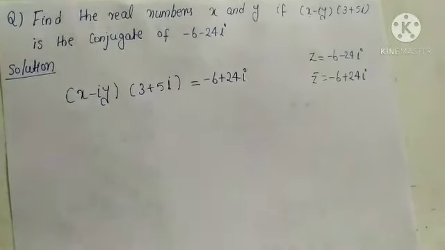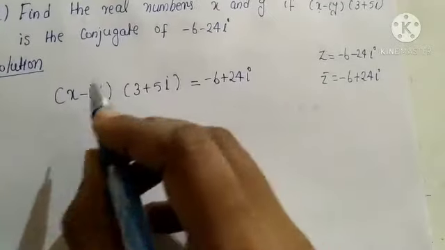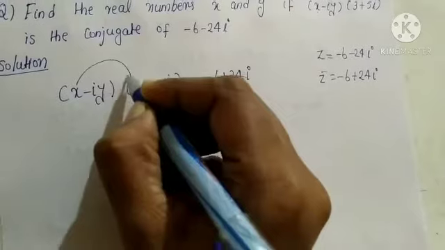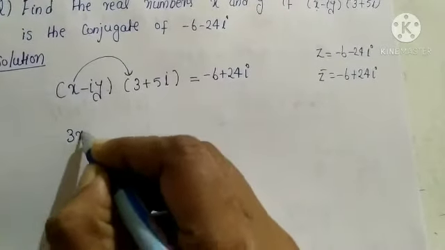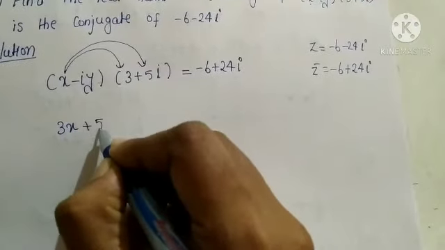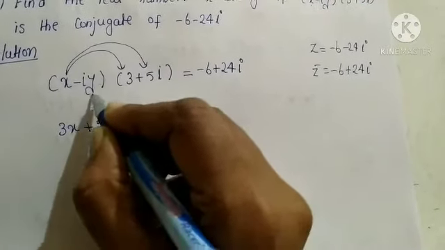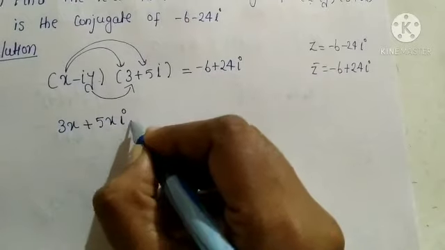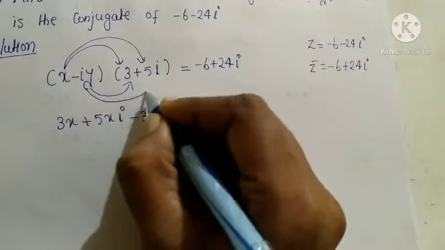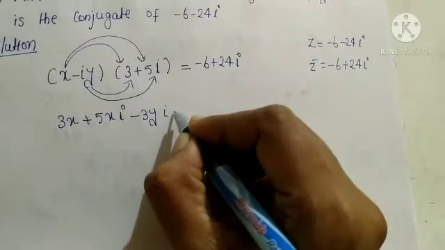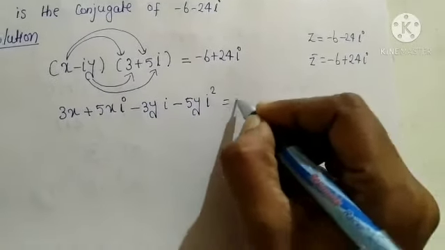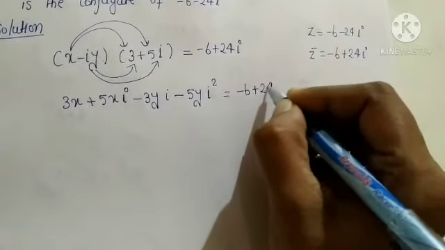Next I am going to multiply these two complex numbers. So x into 3 will become 3x, x into 5i will become plus 5xi, minus iy into 3 will become minus 3yi, minus iy into 5i will become minus 5yi square, equal to minus 6 plus 24i.